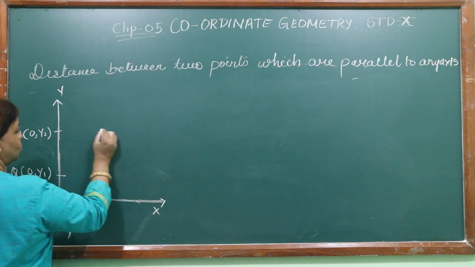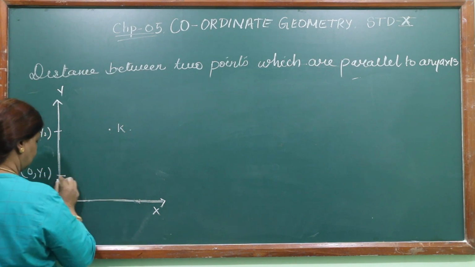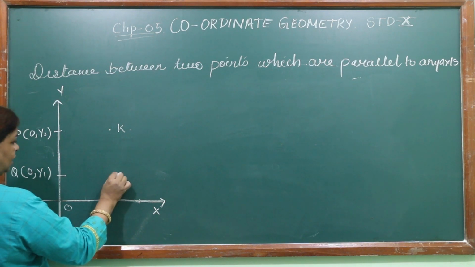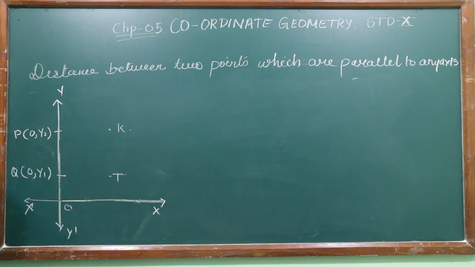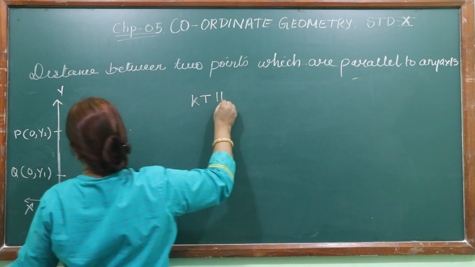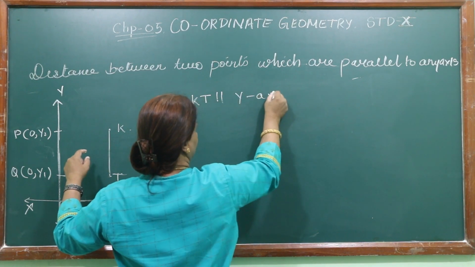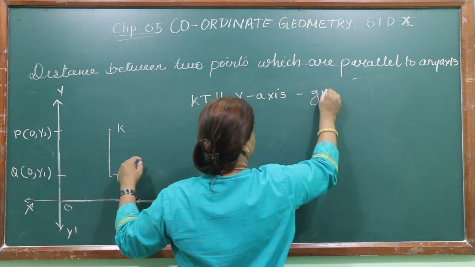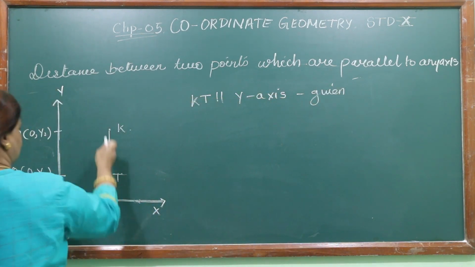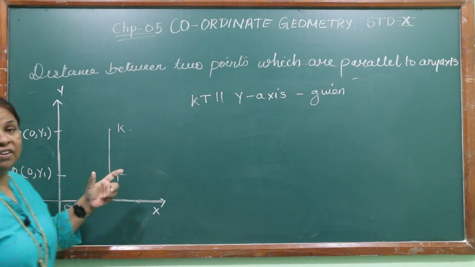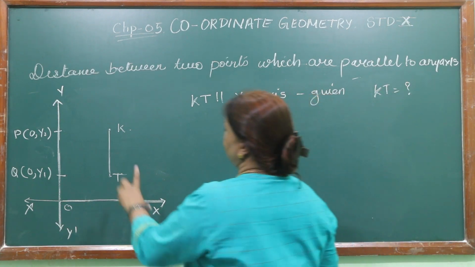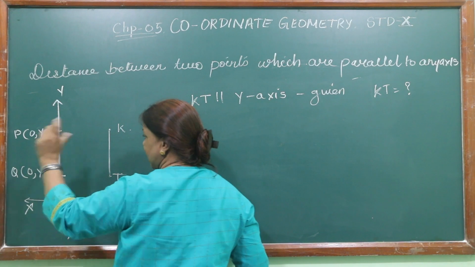So there is a point here K and there is a point here T. So KT is parallel to y-axis, and it is given, children, and we want to find out the length of KT.